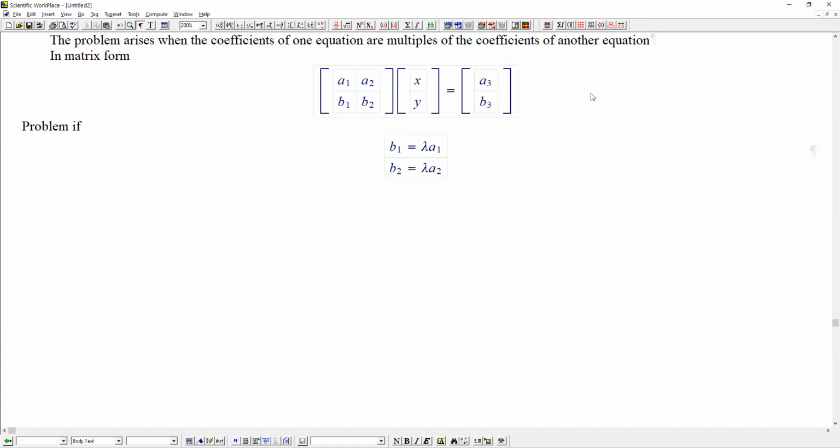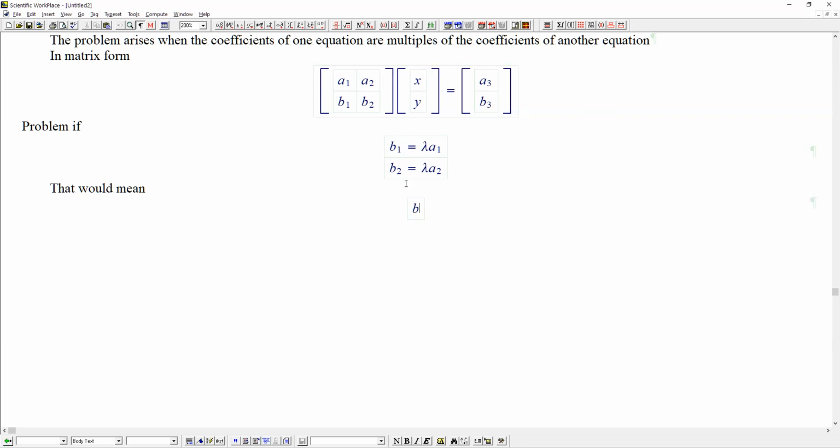So that's what we don't want. Let's divide one by the other.